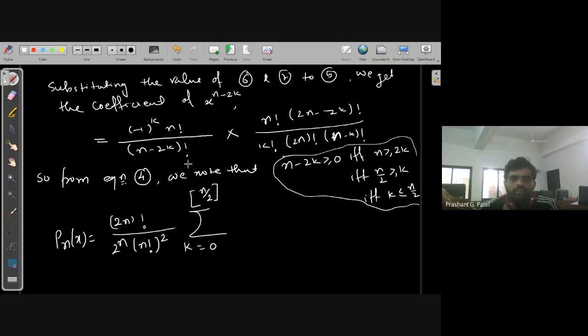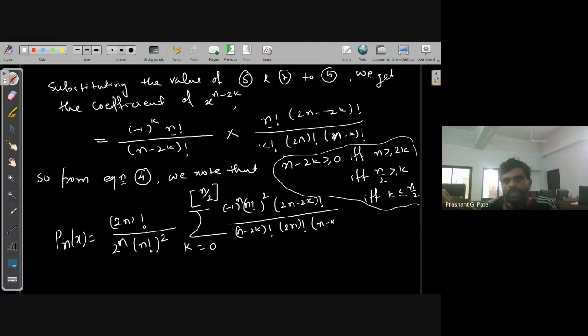This is the coefficient of x raised to n minus k. So we'll write this coefficient here. That is minus 1 raised to n into n factorial. This n factorial and this n factorial become n factorial square. 2n minus 2k factorial upon n minus 2k factorial into 2n factorial into n minus k factorial into x power n minus 2k.